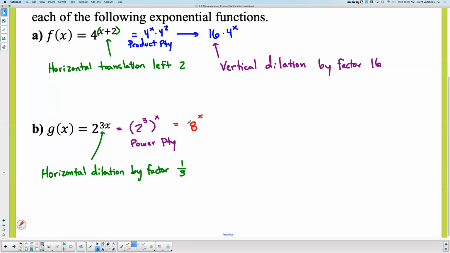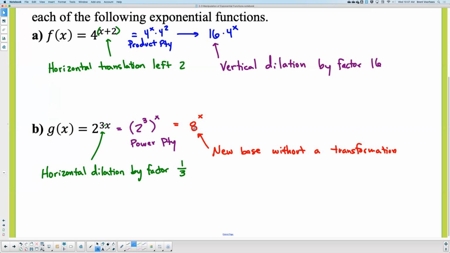So on this one, there are no transformations. What I have done is change my base. That's just a new base, but it's not a new transformation. A new base without a transformation. I'm going to say that again: there's no transformation here. It's just a new base without a transformation. So my base over here was 2.